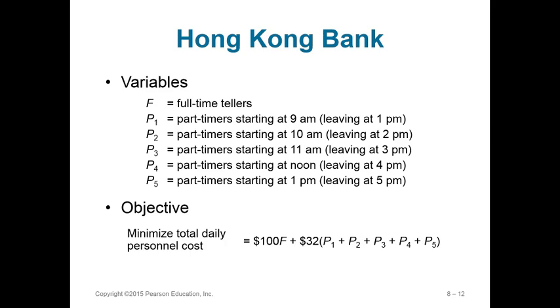And you need to minimize the cost of labor here, and the cost as you see at the bottom, $100 for a full-time person, and then $32. That's because a part-time worker costs you $8 an hour, and they have to work exactly 4 hours. So they're $32 times however many start at 9 or 10 or 11 or noon or 1.